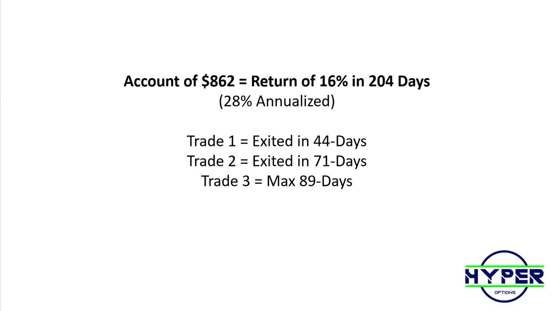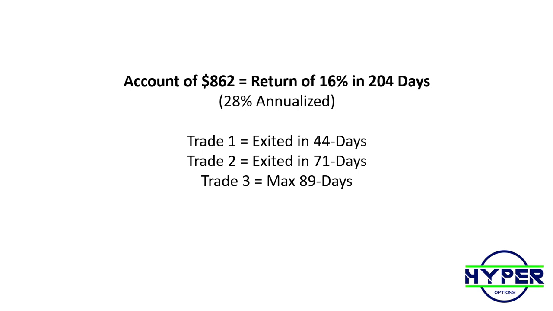And so in reality, on the original $862 allocation, I have generated a return of 16% in 204 days. And that's assuming that trade number three works out and assuming that it takes the entire 89 days. Again, the probability is that on most of these I exit early, so it's probably going to happen in less than 204 days, which means I'll be able to get into another one.